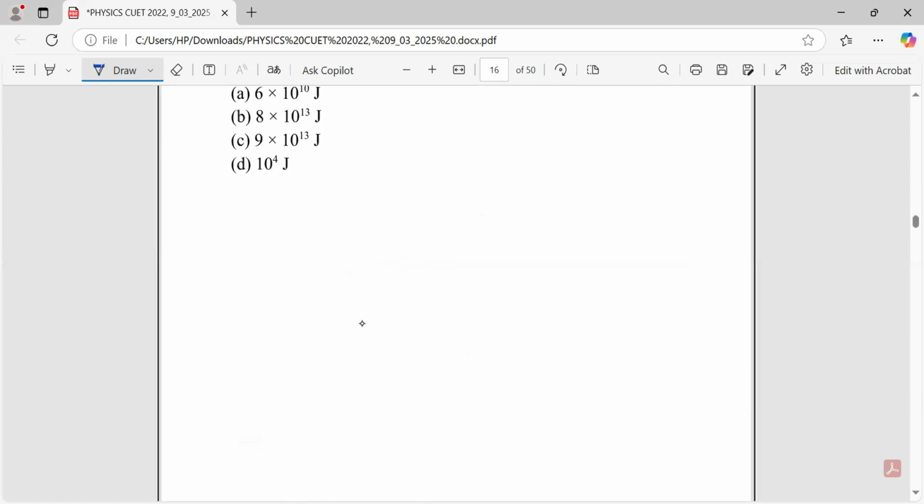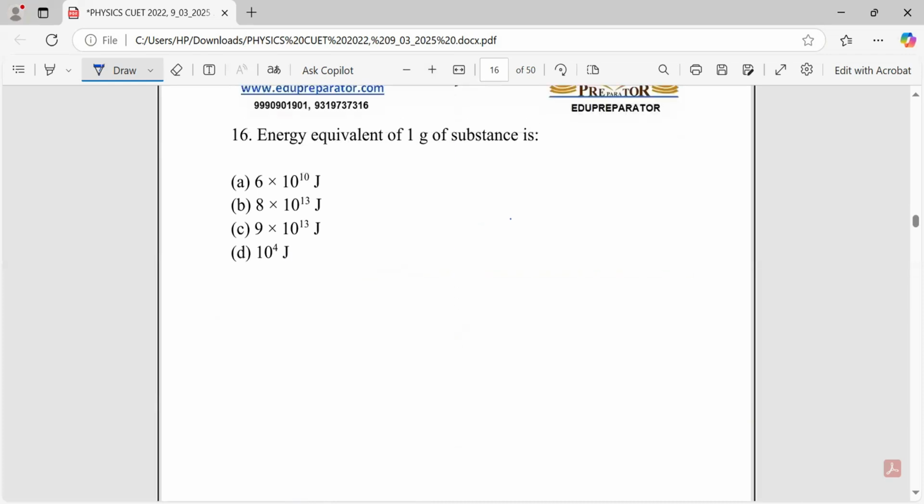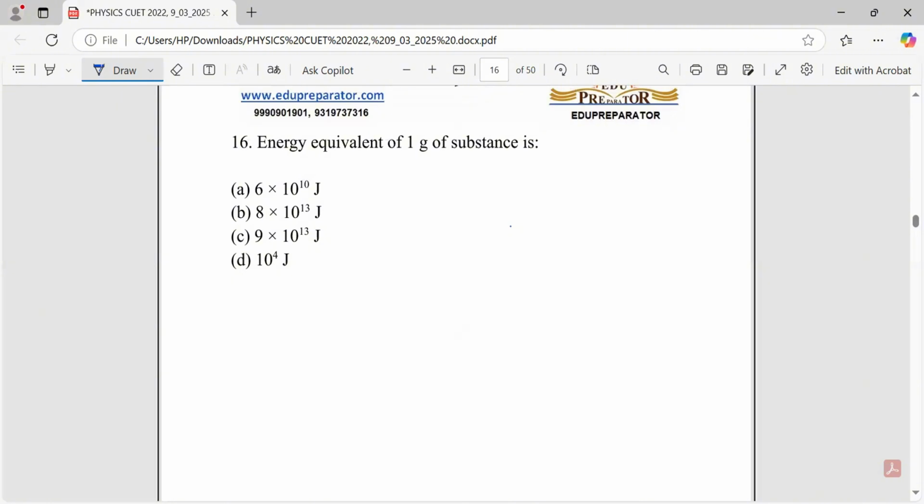Let us move to question number 16 now. Question number 16 is famous, based on Einstein photoelectric equation.